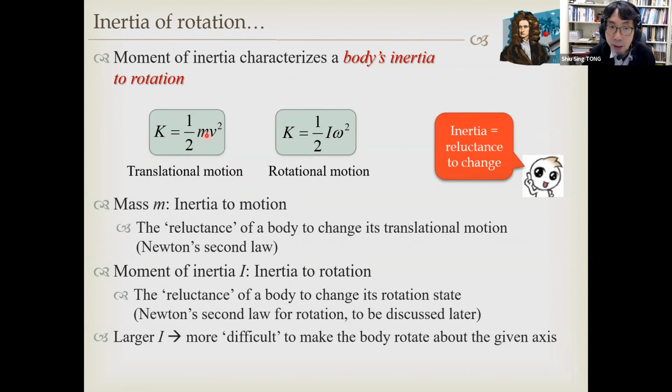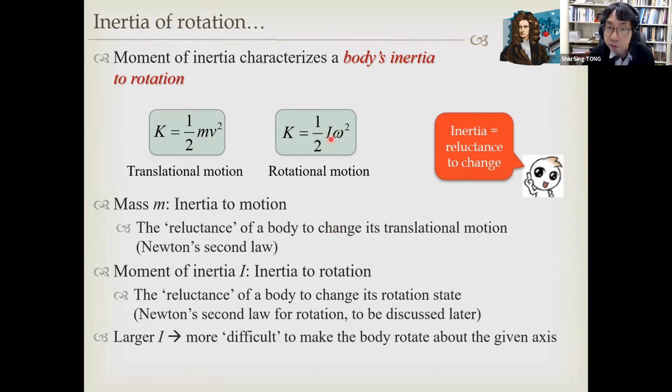The speed of translational motion is replaced by the angular speed, which characterizes how fast the rotation is. And the mass of the single particle in translational motion becomes the moment of inertia of the object. So the two formulas are quite similar, and in fact, the similarity goes deeper. We will have more discussion on it when we discuss Newton's second law for rotation.